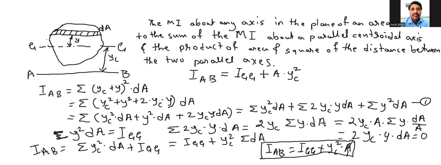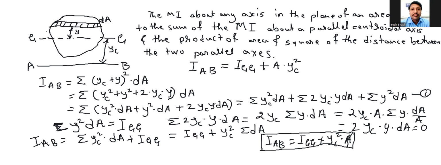Now note that this theorem cannot be applied to any two parallel axes unless one of the axes is a centroidal axis. So if both are different parallel axes, that is one axis is AB and the other axis is CD, then you cannot apply this theorem to those two.